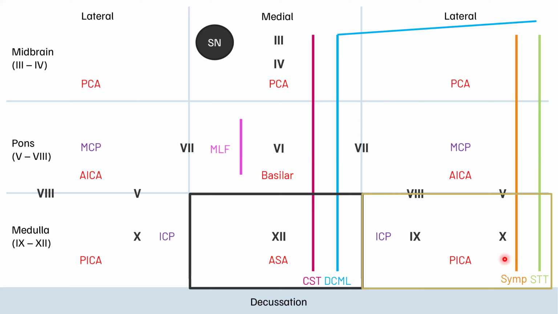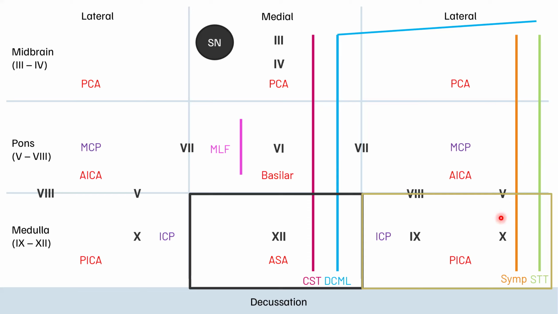We have the vagus nerve here. What does the vagus nerve do when it's defective? Dysphagia, dysarthria, and hoarseness of the voice. Here we have our trigeminal nucleus. Although it is not entirely affected, we can see that it is partially involved, right? So this involvement of the trigeminal means that we will have sensory loss.